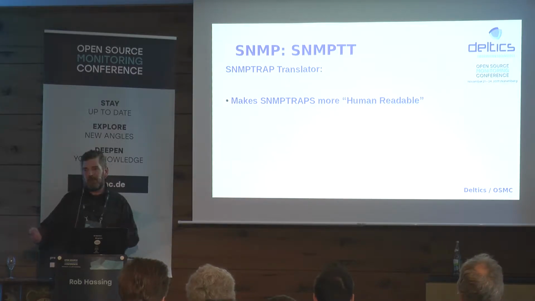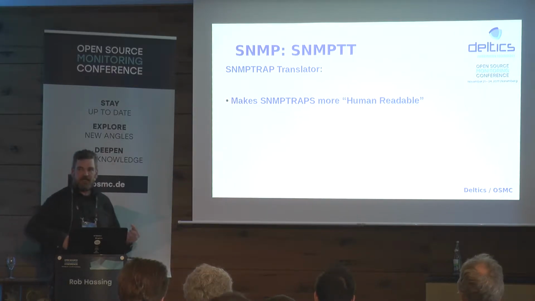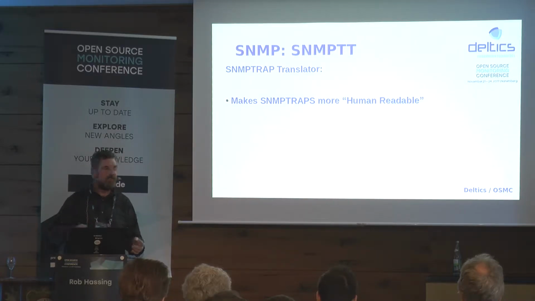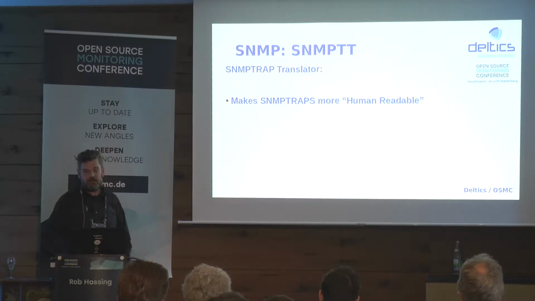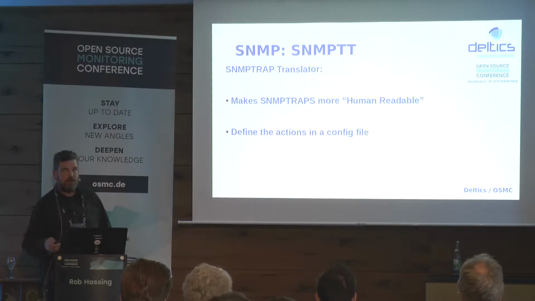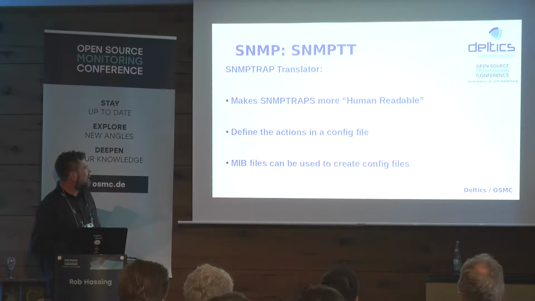So, for example, if an uplink goes down, we can get this big OID string, and SNMPTT knows how to deal with it and knows what this OID means, and then translates it for us to a human readable thing.